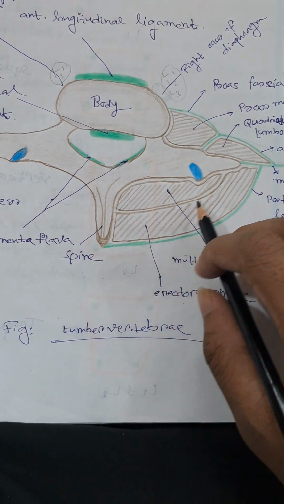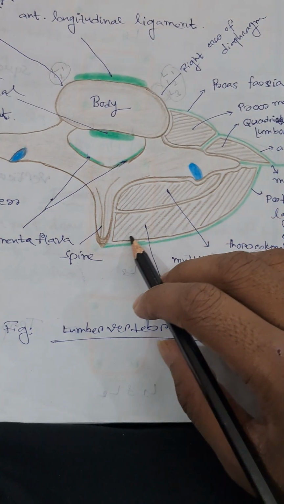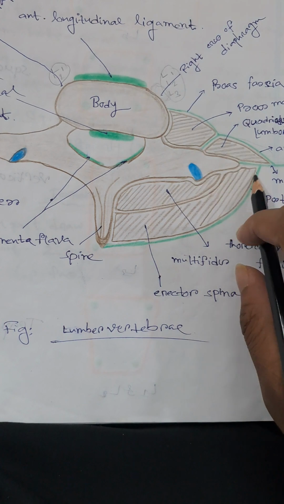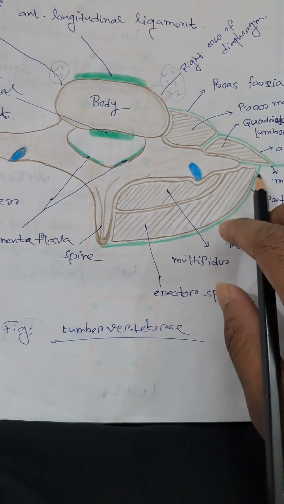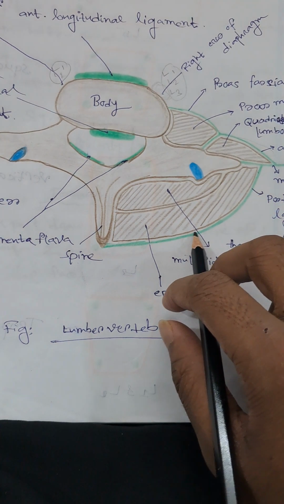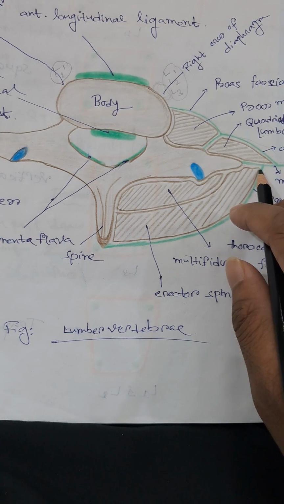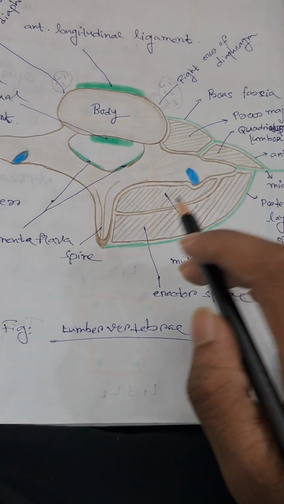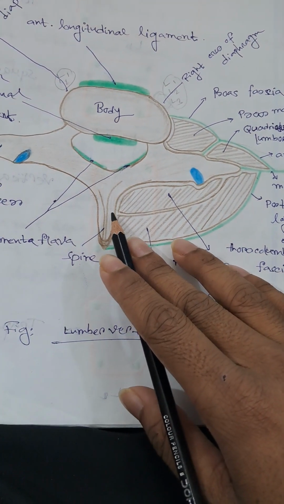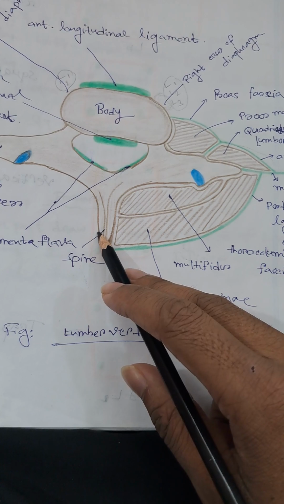Then comes the erector spinae muscle, which is wholly covered by the posterior layer of the thoracolumbar fascia, attached with the middle layer. The spine is attached with the supraspinous ligament superiorly and the infraspinous ligament inferiorly.